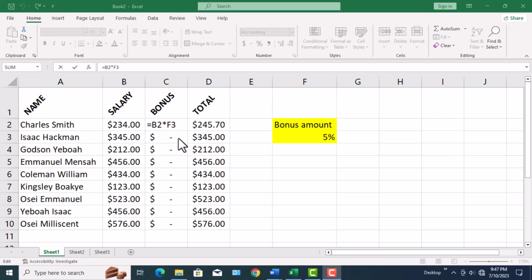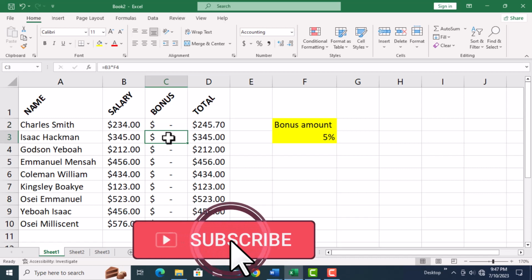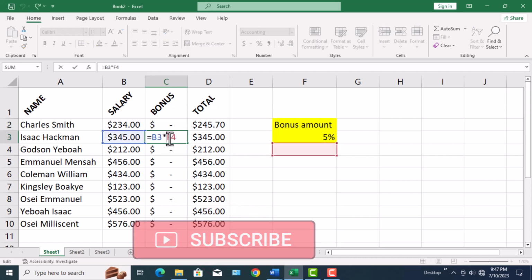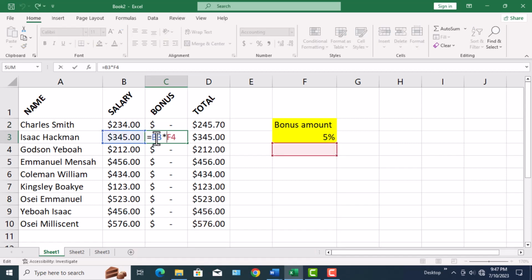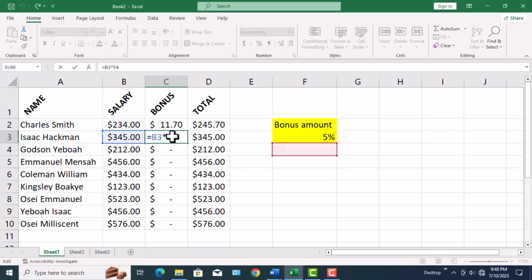Now let's move on to the next cell. Let's check the formula. We have B3, which is correct, times F4. B3 has this figure, but F4 has nothing there.